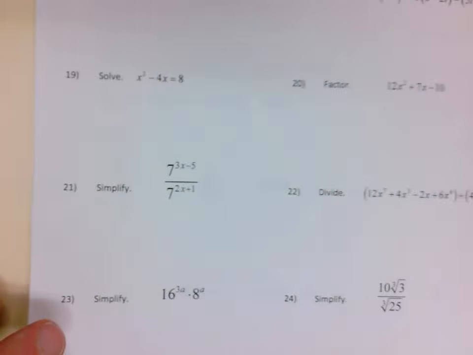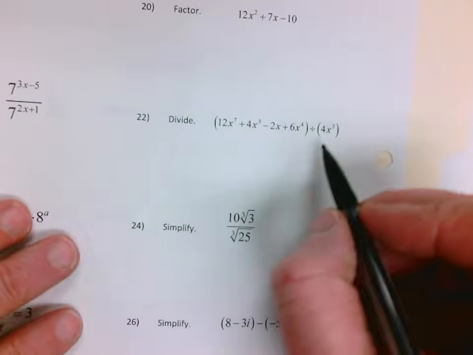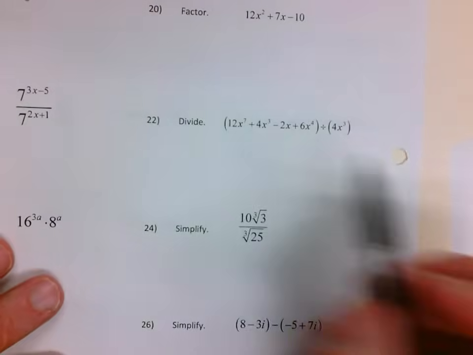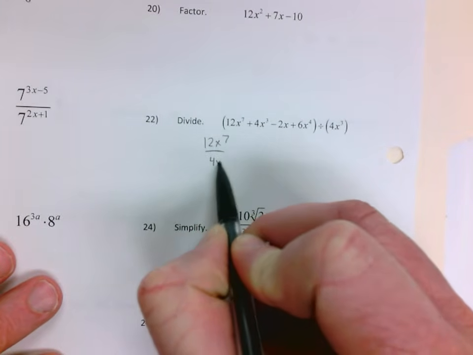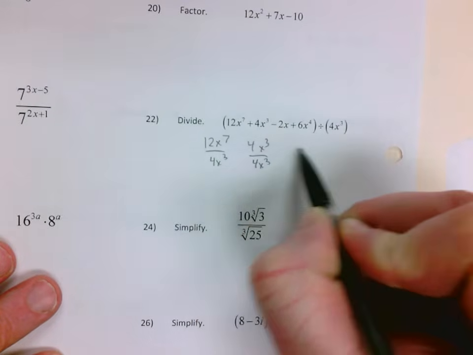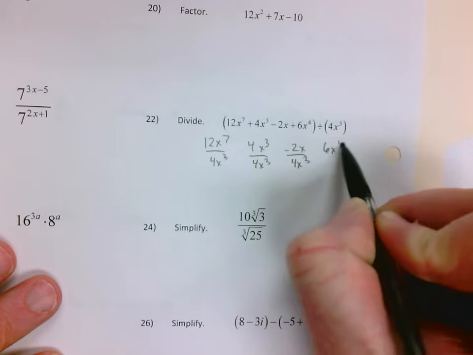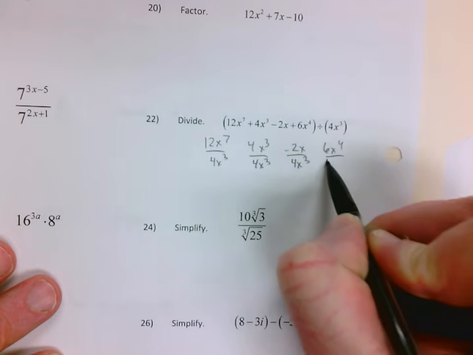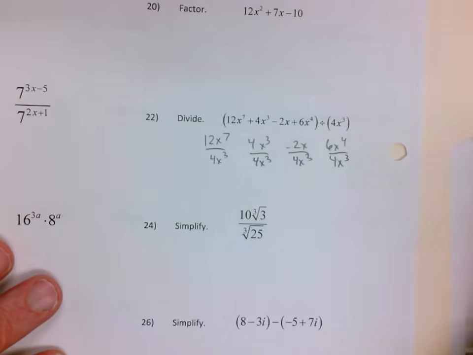And some people got that confused with division by a monomial, which you don't use synthetic division for. You just divide each term by 4x cubed. And then reduce all of the fractions.